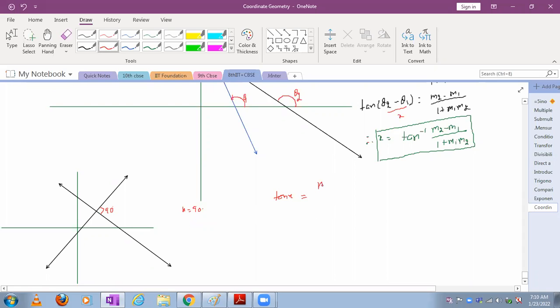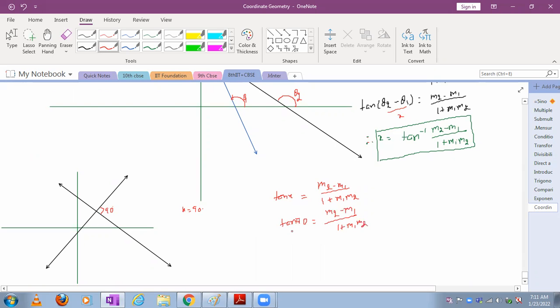We already got m2 minus m1 by 1 plus m1 m2, right? So here when x is equal to 90 degrees, then tan 90 degrees is equal to m2 minus m1 by 1 plus m1 m2.